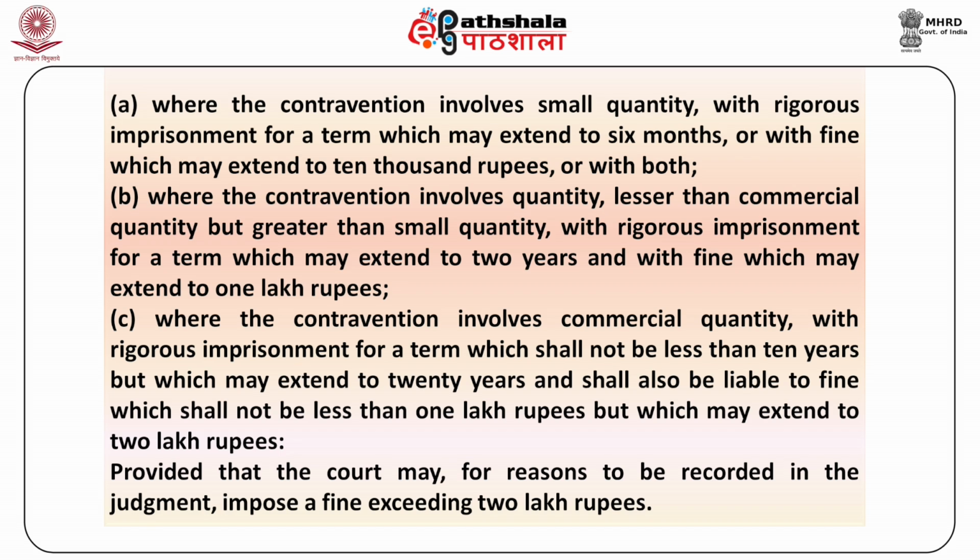Where the contravention involves a small quantity, with rigorous imprisonment for a term which may extend to 6 months or with fine which may extend to 10,000 rupees or with both. Where the contravention involves quantity lesser than commercial quantity but greater than small quantity, with rigorous imprisonment for a term which may extend to 10 years and with fine which may extend to 1 lakh rupees.